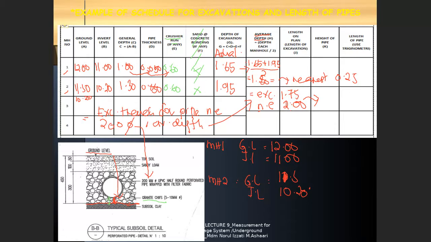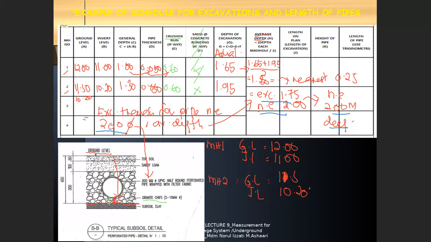So from this range, we can write down not exceeding 2 meter deep. Okay, so normally this one, I highlight again, the category of the pipe, the average depth, and the depth shows the difference in the taking off list.